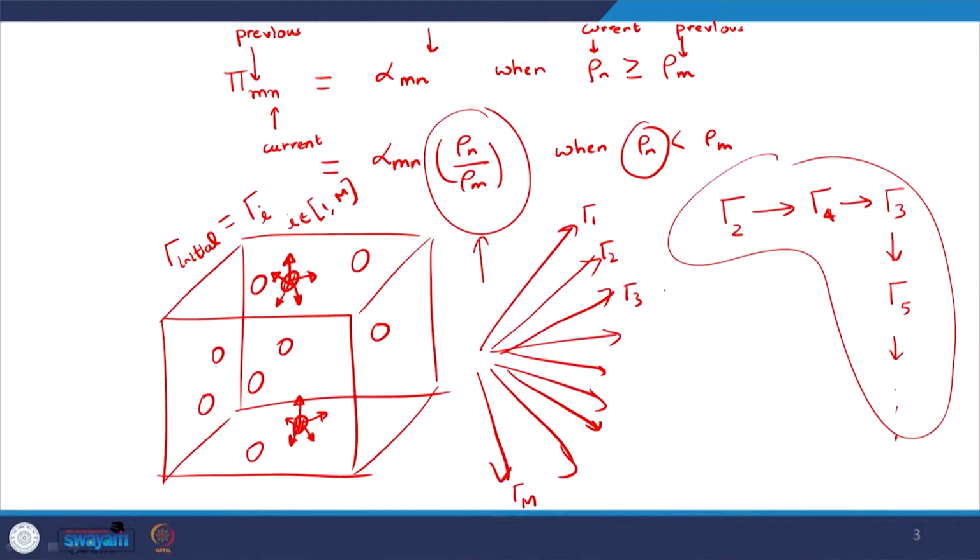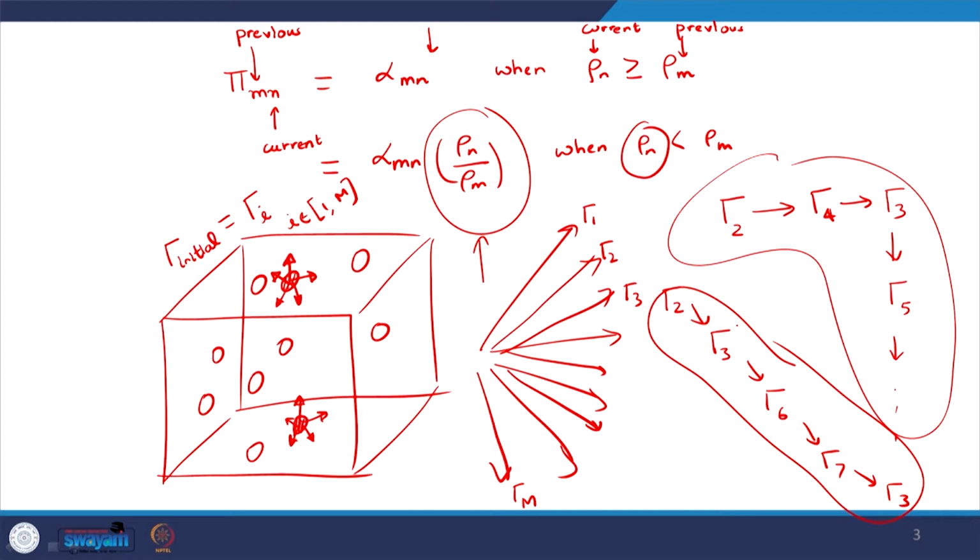So if I repeat this, I may follow some other pathway. Let's say this, right? Every time I run my Monte Carlo simulation, I am essentially sampling different regions of the phase space, and that is where Monte Carlo is quite different from molecular dynamics.